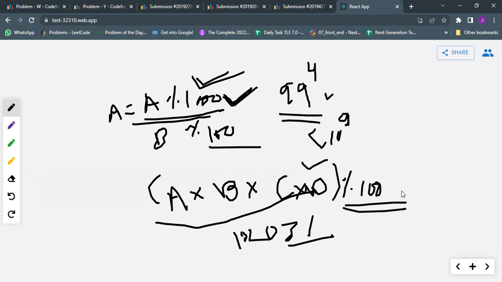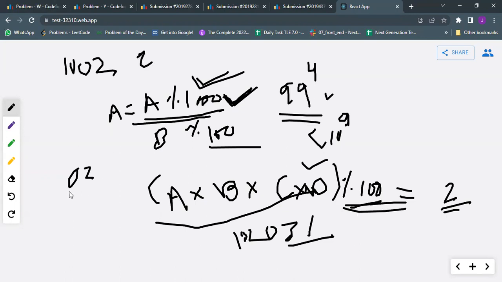Now here, one case is there. What if this value is something like 2, but the answer needs to be 2 digits? So it should print 02, not 2. If your result is like 1002, the modulo 100 will give 2 only, not 02.